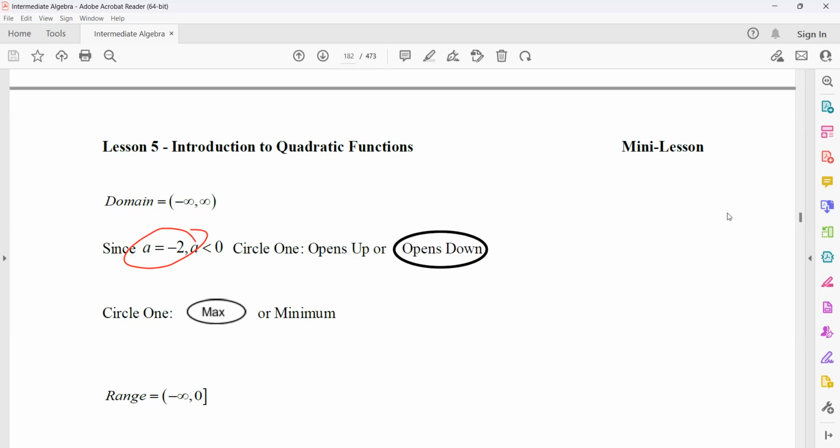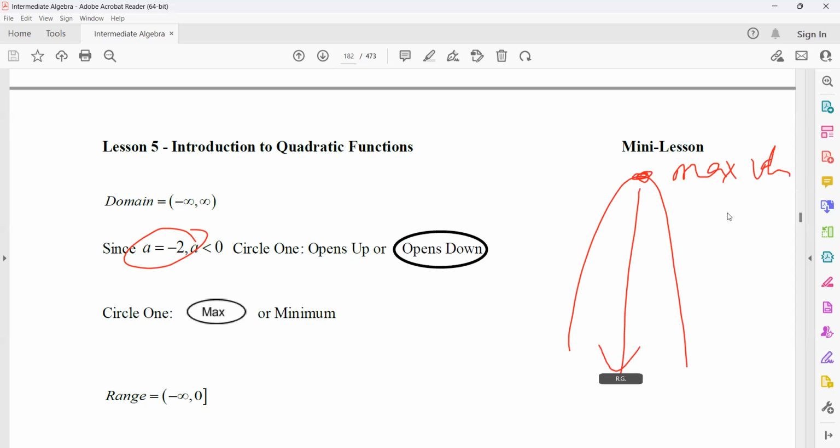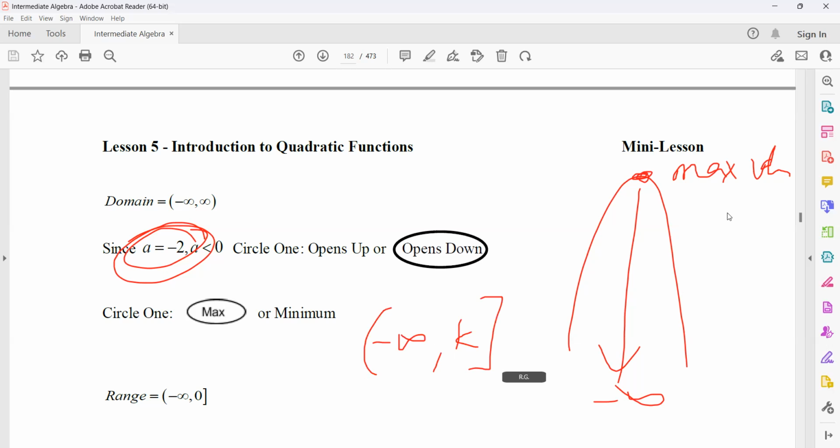Now, will the graph have a maximum value or minimum value? Here, we know that this is going to be the maximum value because it's going down to -infinity. Maximum value. Now, what would the range be? Remember that our range, because we have a less than 0, we're going to have from -infinity to k, and k is inclusive, like that.